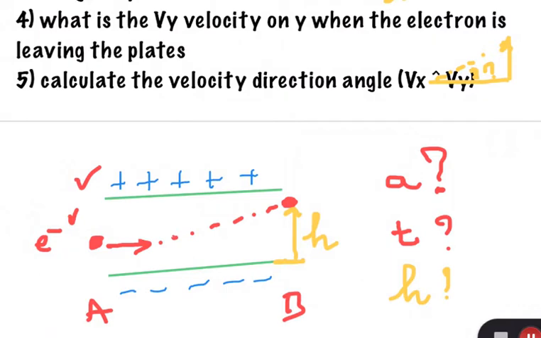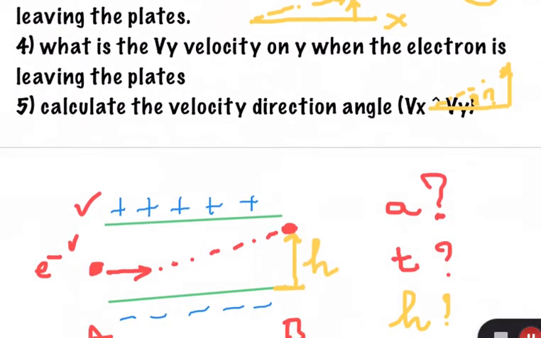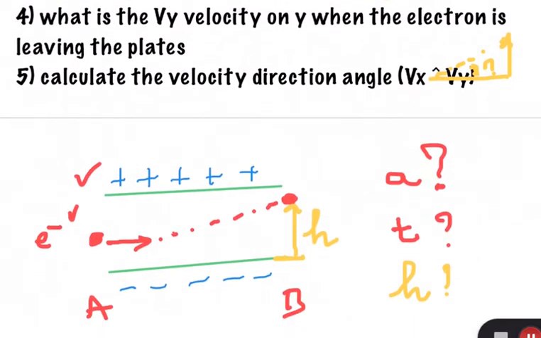The next question is number 4. What is the velocity of the electron when it is leaving the plate? It has a vertical velocity, so let's say we have this as Vy.